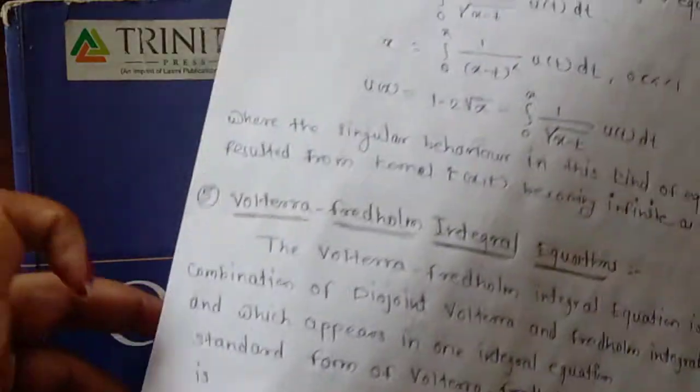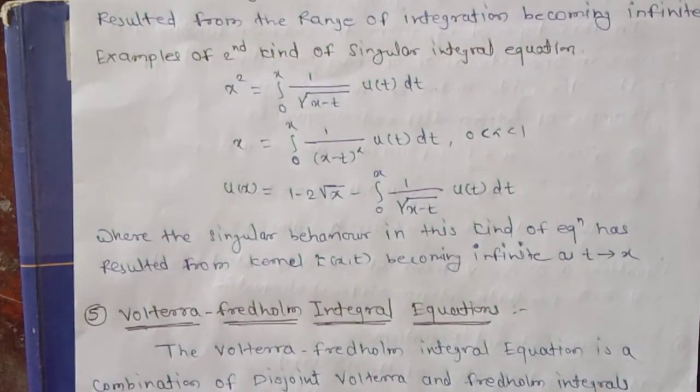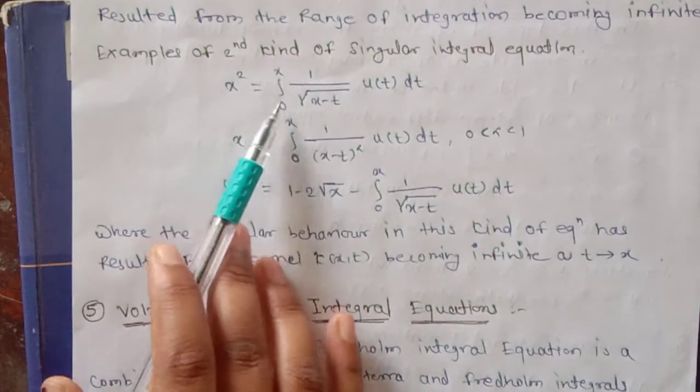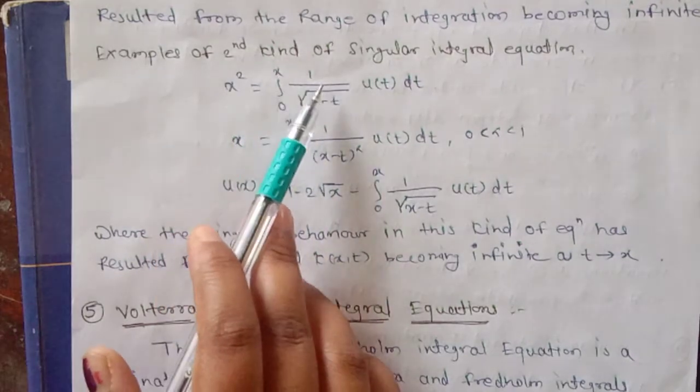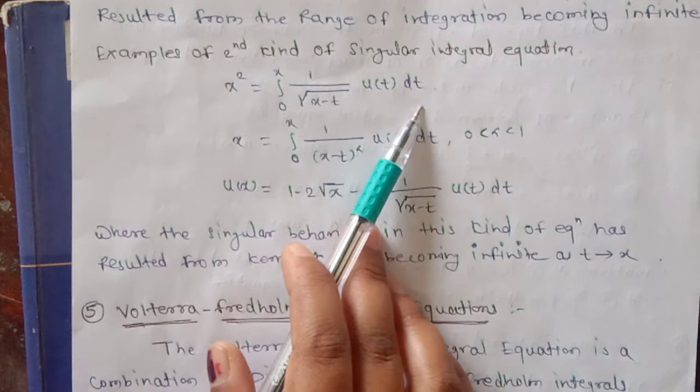Now we have to look at the singular integral equation of the second kind. First example is x square is equal to integration 0 to x 1 upon under root of x minus t u of t dt.